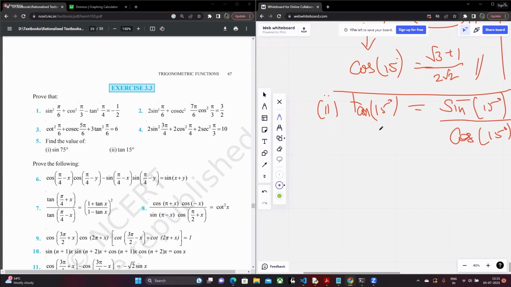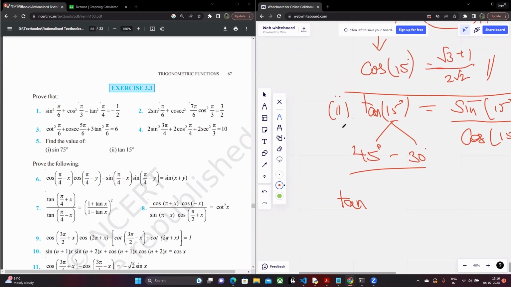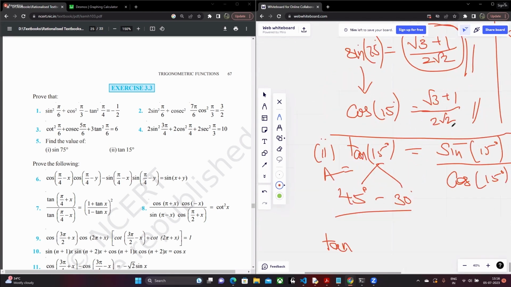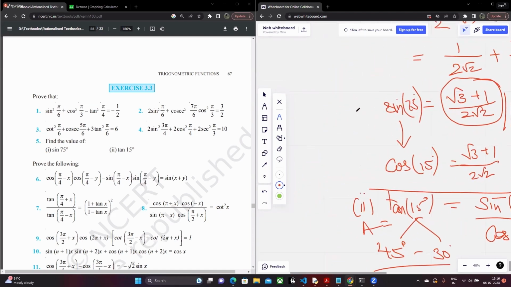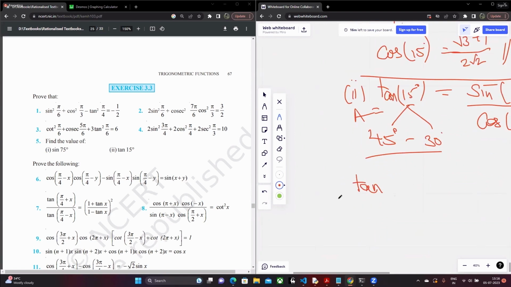So for 15 degrees, again, you take this to be 45 degrees minus 30 degrees. Standard angles, both of them, and you have a subtraction to get 15 degrees. So you have A to be tan of 45 degrees minus 30 degrees.